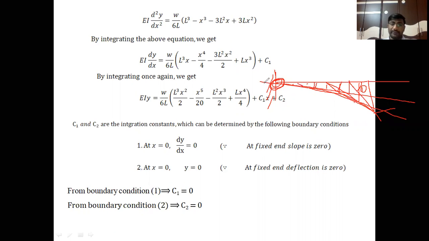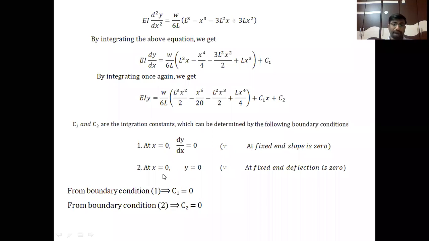Like that, if you draw the tangent at the fixed end, it will coincide with the horizontal position. Therefore, the slope at this point is also 0. The tangent is horizontal, which makes an angle of 0 with the initial position. Therefore, slope at the fixed end is 0. Deflection at the fixed end is also 0. So these are the two boundary conditions for the cantilever beam we will take to find the constants of integration.